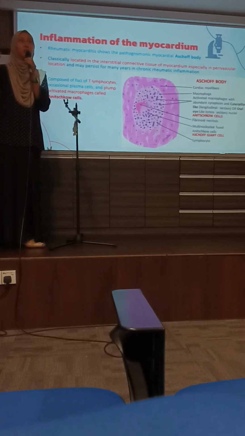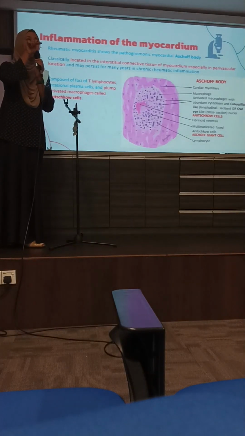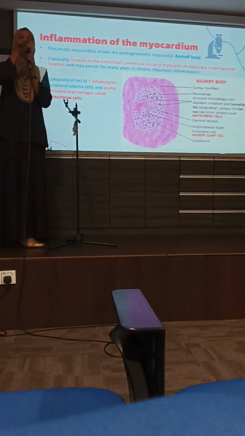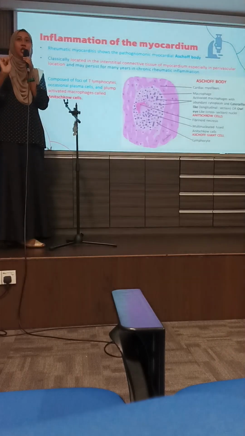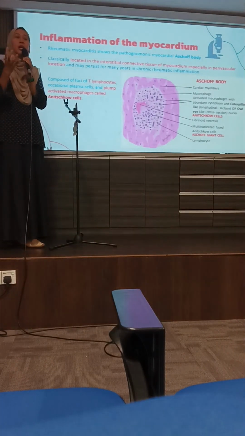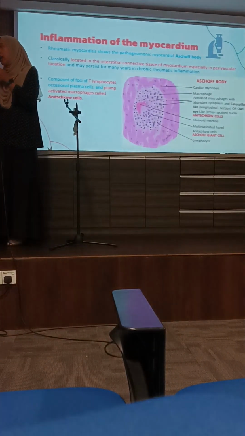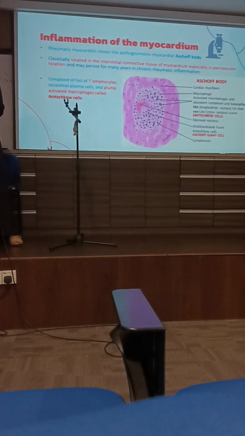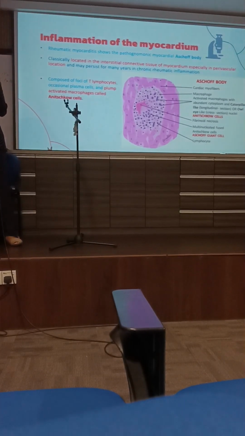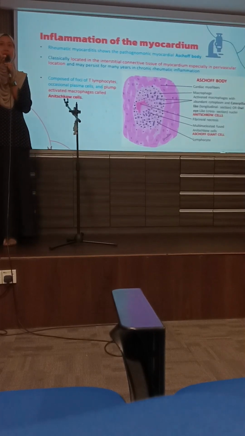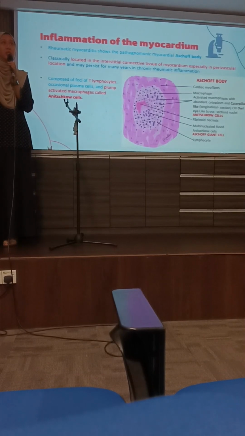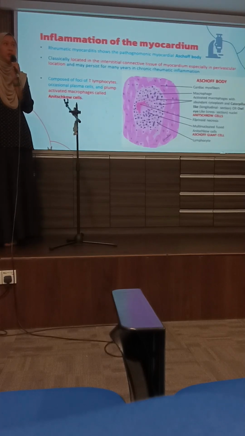So those single macrophages that look like caterpillars, or if we cut a section, look like owl eyes. So they have very prominent nuclei. These are called Anitschkow cells. Okay? So Anitschkow cells are those typical caterpillar-like cells, which are basically macrophages. And all these macrophages make up the Aschoff body.